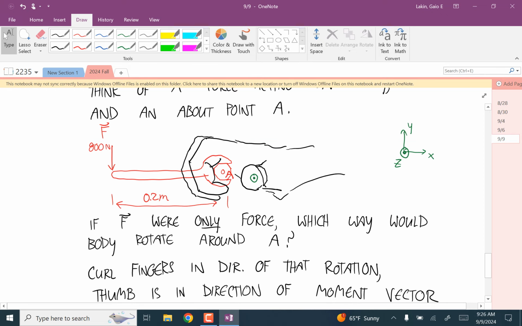The rho vector is the vector going to where the force is applied from the about point. So that's going to be negative 0.2 in the x direction. Are you with me on that? Does everyone see that?